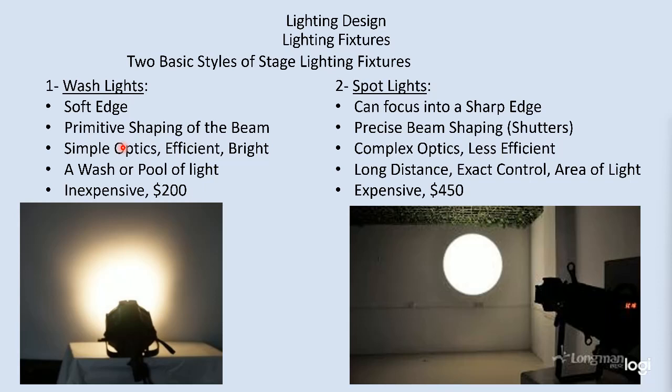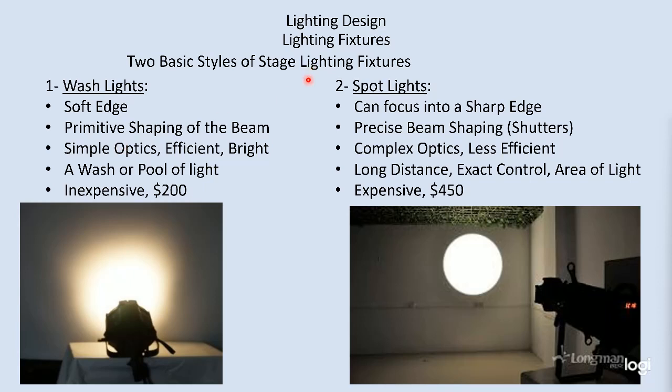It has very simple optics, and as such, they tend to be very efficient and therefore rather bright. They're good at producing saturated colors. They make a wash or a pool of light and are relatively inexpensive. You know, $200 is a range.